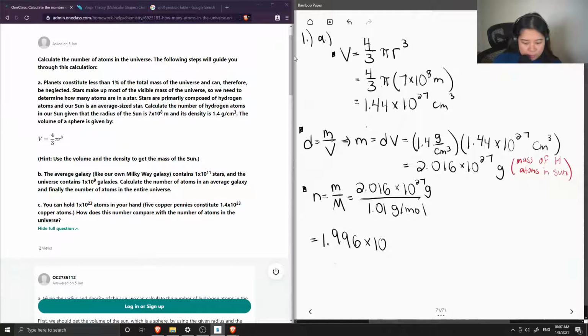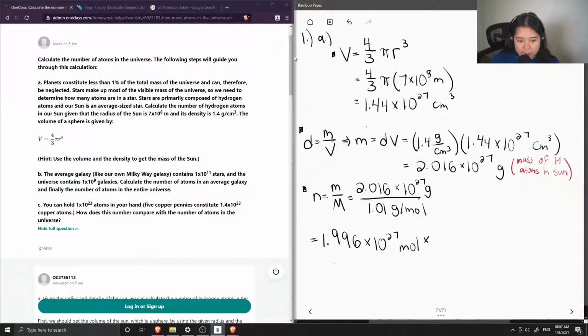to the 27, I think my notes says, moles. And now that we have our answer in moles, we can convert to atoms by using Avogadro's number.